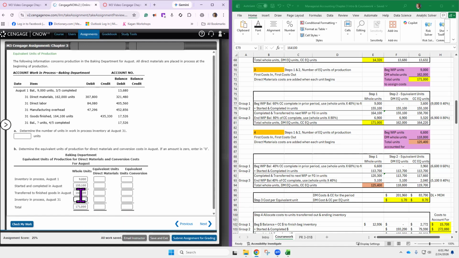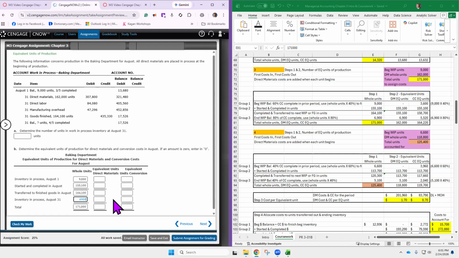If this number plus the ending number equals the total, then we use total whole units minus the amount we completed and transferred. That leaves us with 6,900 units in ending inventory.